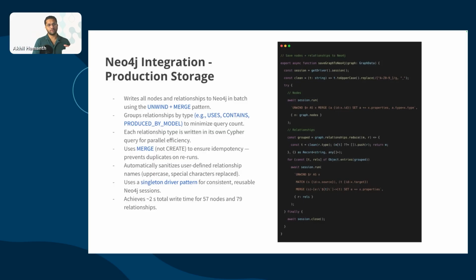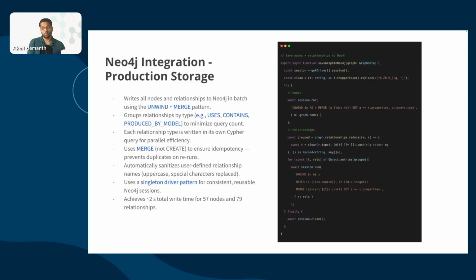Those are what we define as types, and based off of the types, it groups the relationships and entities and then pushes them into Neo4j. Each relationship type is written in its own Cypher query for parallel efficiency, and it automatically sanitizes user-defined relationship names, so uppercase is applied and special characters are replaced.